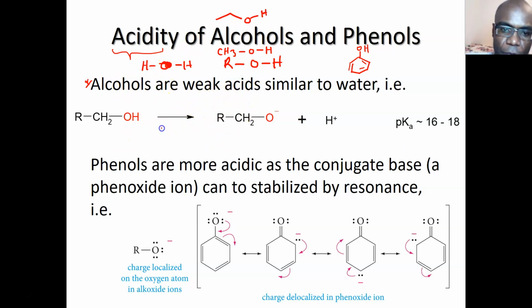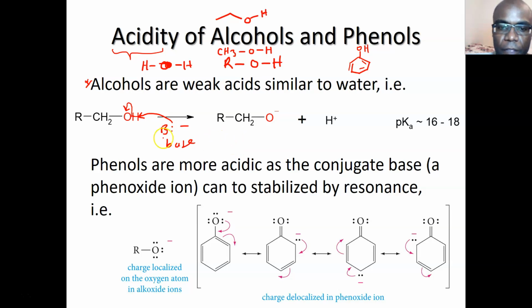So now, if you introduce a base, let's say we have a base strong enough to steal this hydrogen, what happens to the bond in between? Those 2 electrons are taken to the oxygen next door because oxygens are electronegative. So the base will pick up the hydrogen. This bond goes on there.